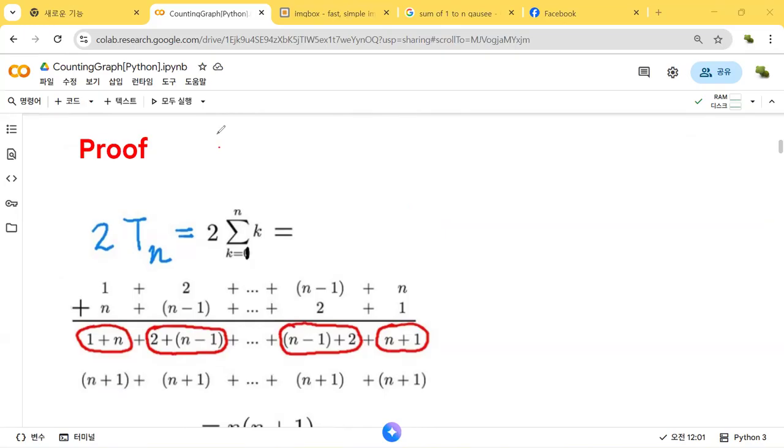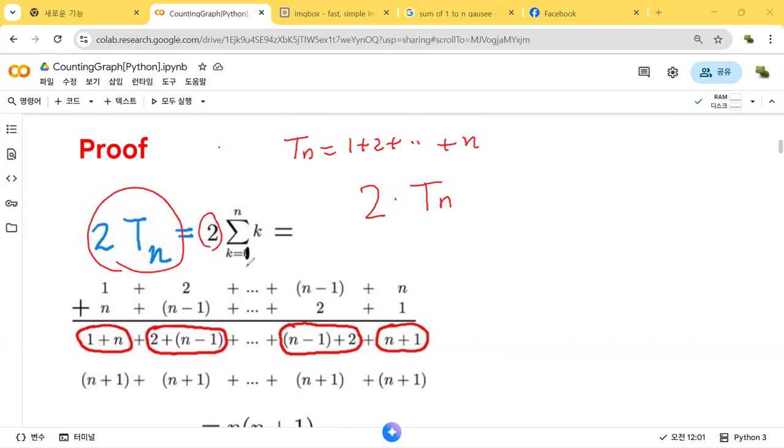Okay? So suppose we want to find out Tn, 1 plus 2 plus up to n. Now let's consider 2 times Tn. 2 times Tn, that is 2 times this one. So you can denote this summation using this sigma notation like this.